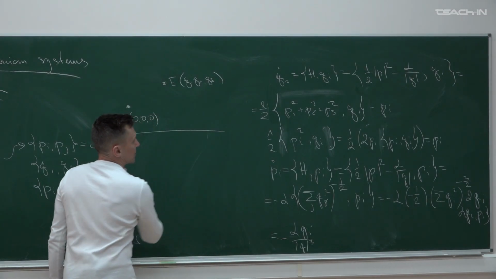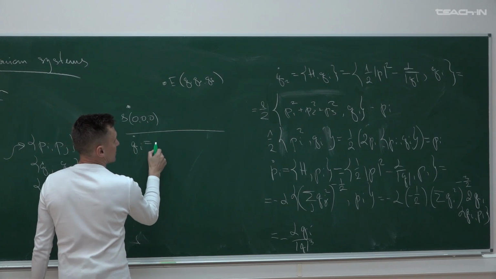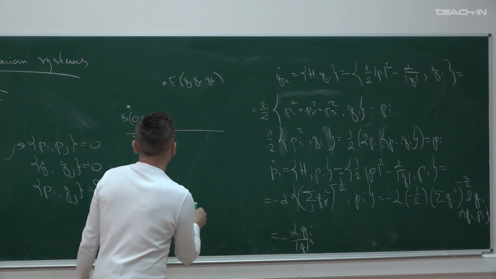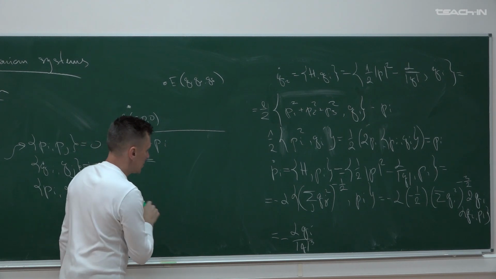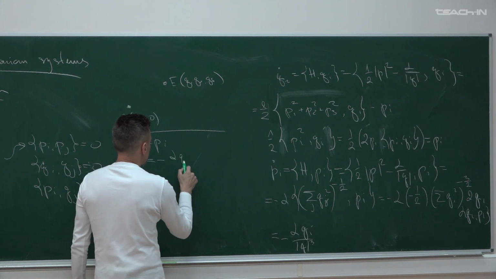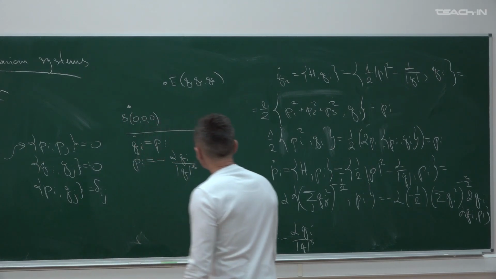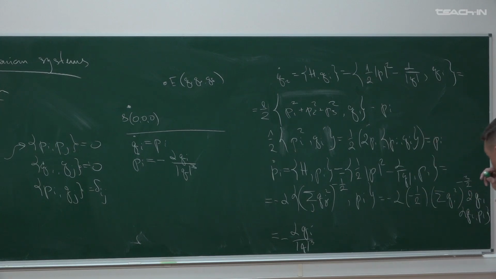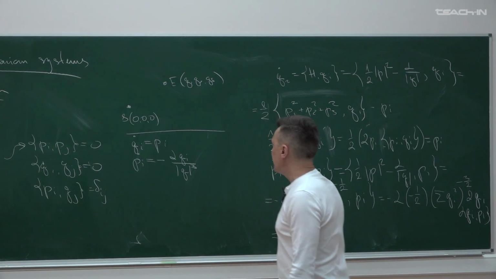So I will summarize that qi dot is equal pi, and pi dot is equal minus alpha qi over the absolute value of q power 3.